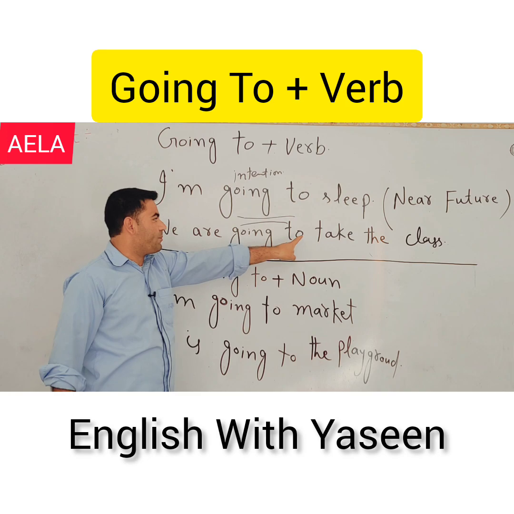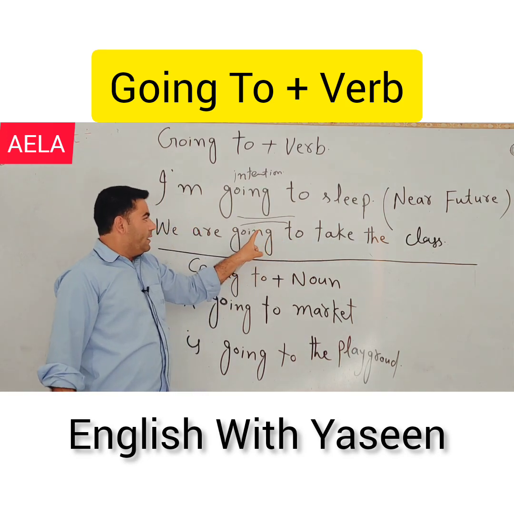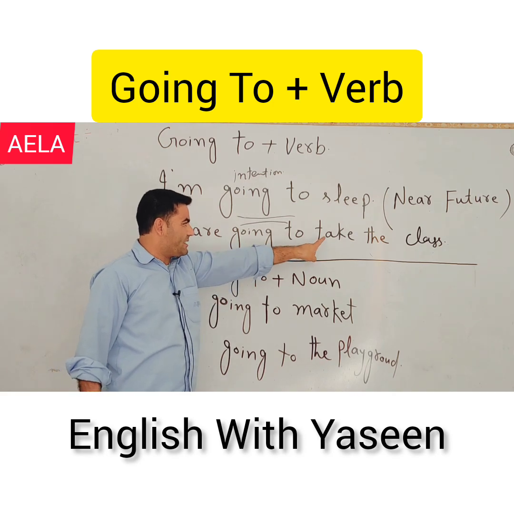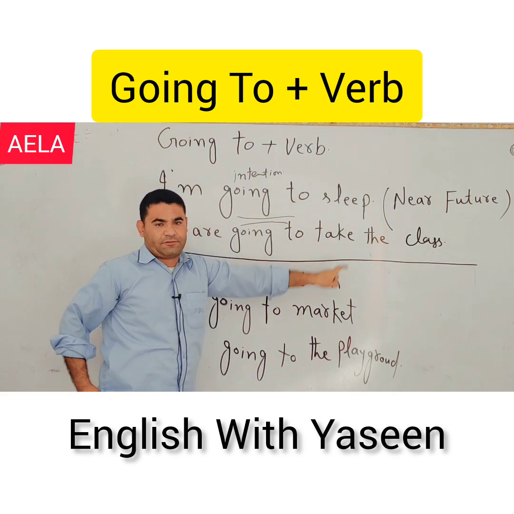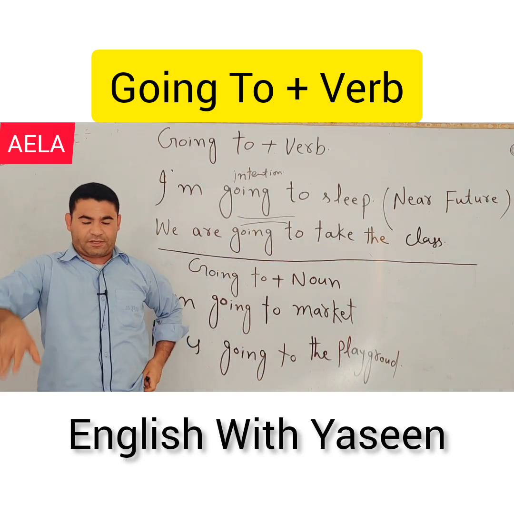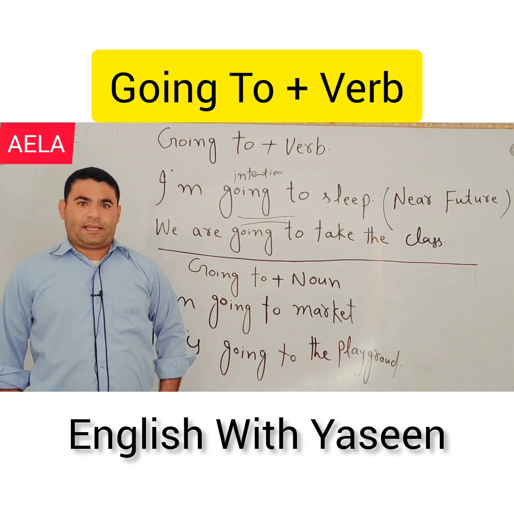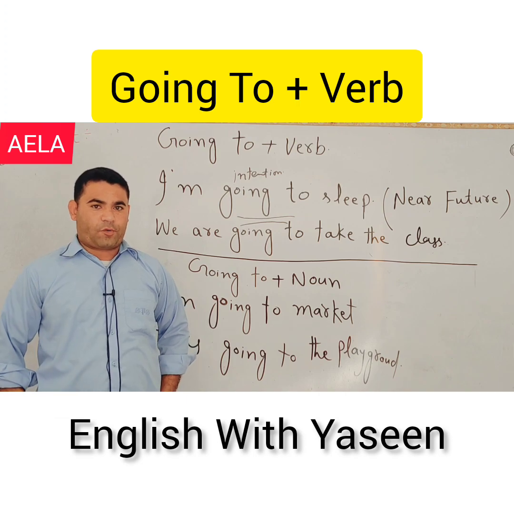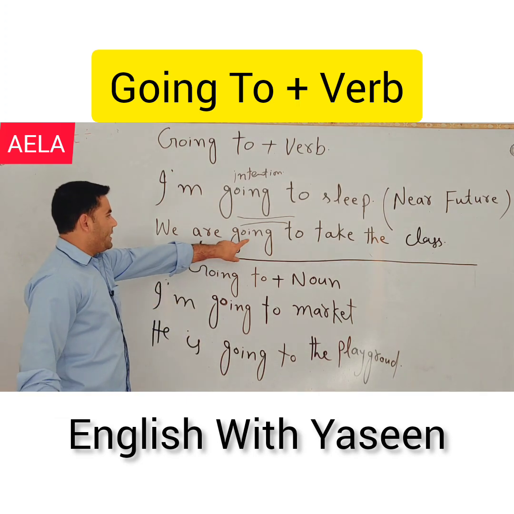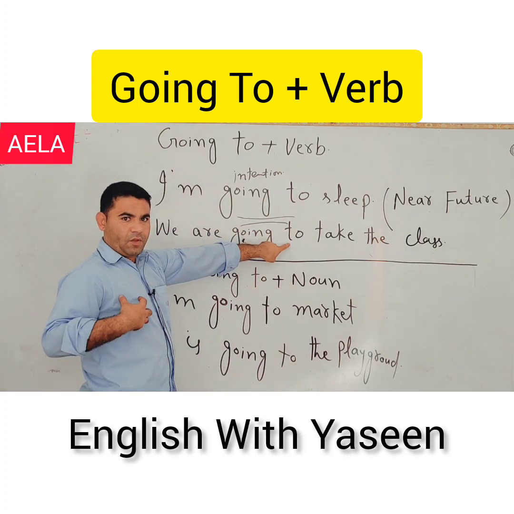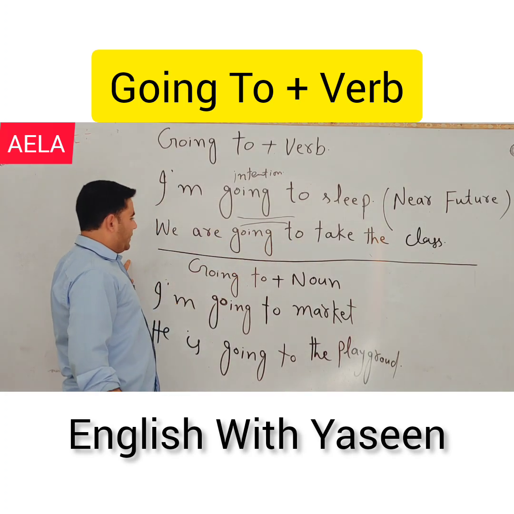So going to plus take. It's also near future because a verb has been used after going to. For example, all of the students have come and I just enter the class and I say we're gonna take the class, or we're going to take the class. So this going to shows my intention or maybe possibility.